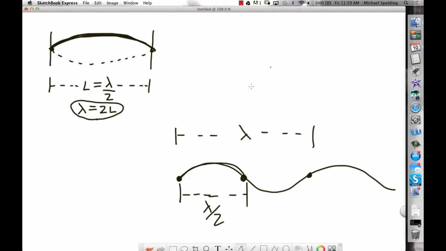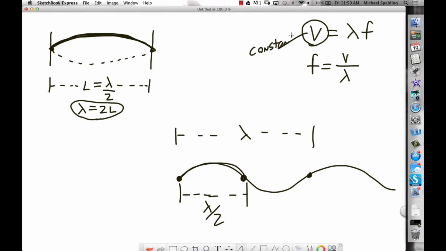Now, the wave equation: velocity is wavelength times frequency. So what's frequency? Just rearrange the wave equation. Frequency is going to be velocity over wavelength. Just keep in mind, the velocity of a given wave is constant for a given medium, and we're not changing the medium here.